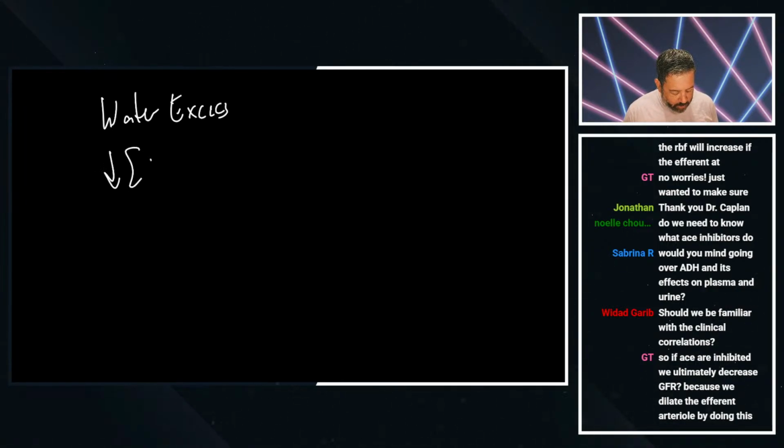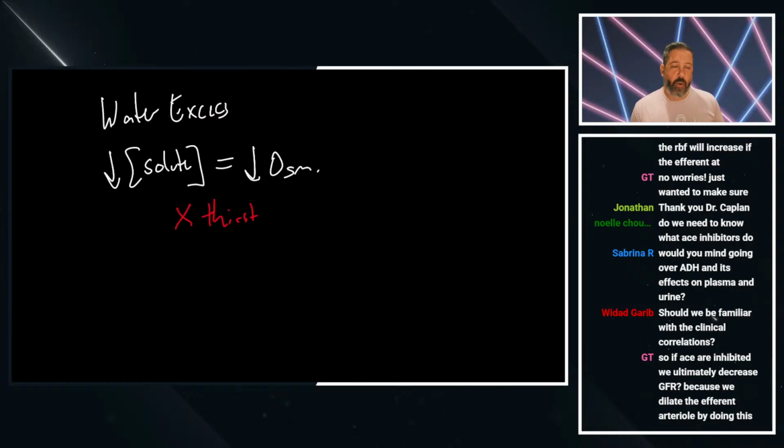So the solute concentration goes down, which leads to a decrease in osmolarity of the blood, which means we have too much water. So we are not going to get thirst because we don't need more water in the system. We already have too much. And we're not going to secrete ADH because we don't need it. We already have too much water.